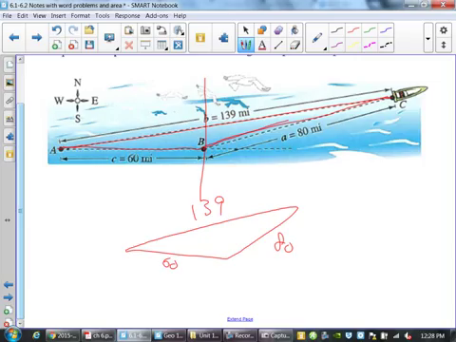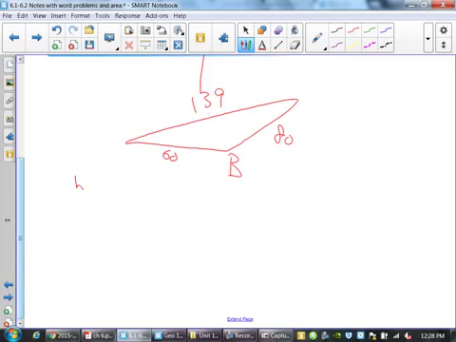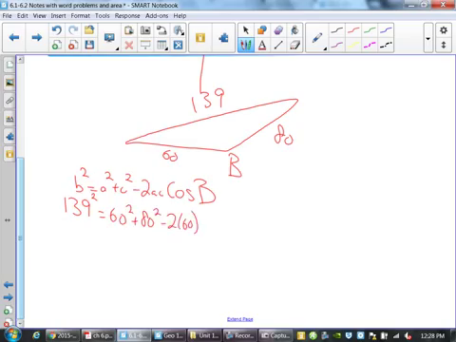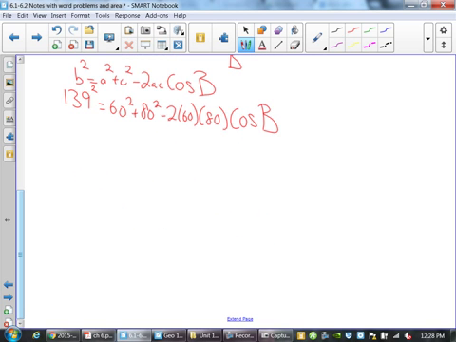B. So we're going to use the law of cosines to find angle B. So little b squared is a squared plus c squared minus 2ac cosine of angle B. So you fill in the blanks and press buttons.